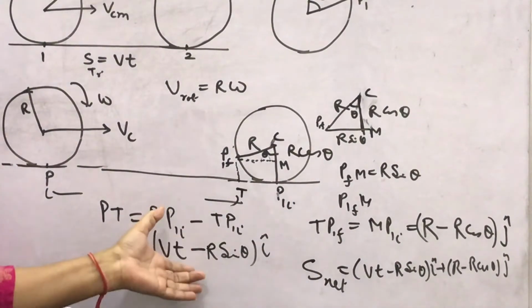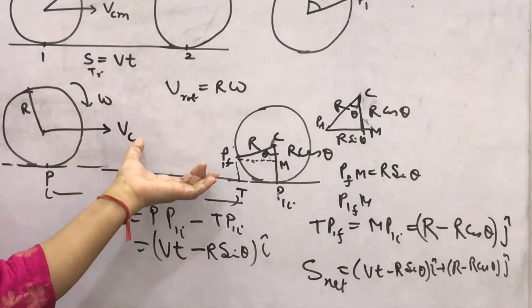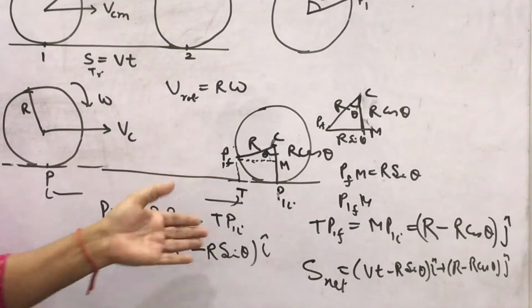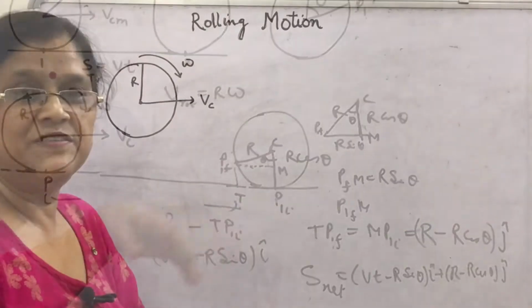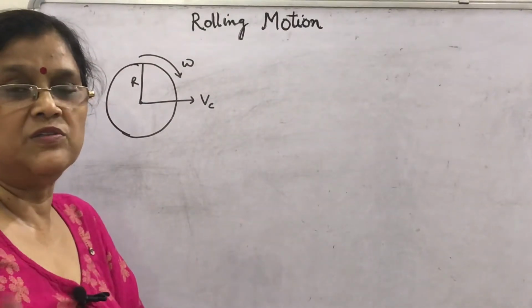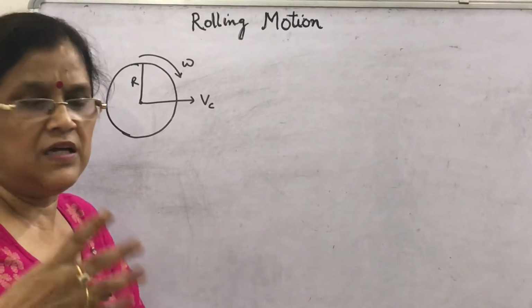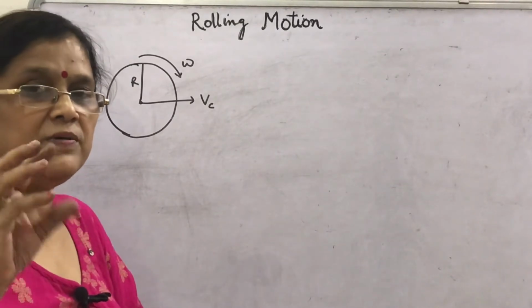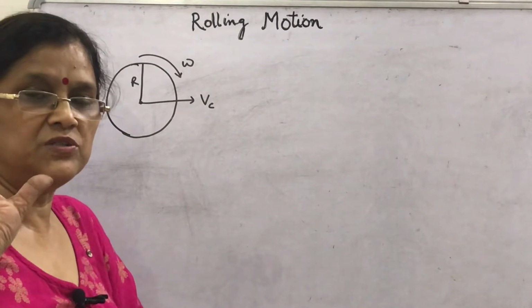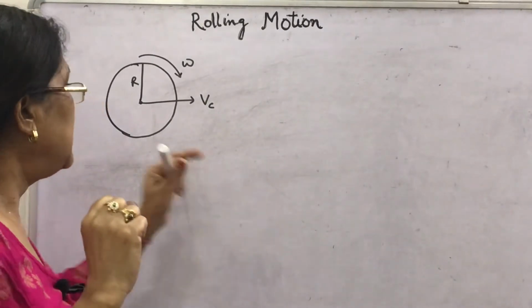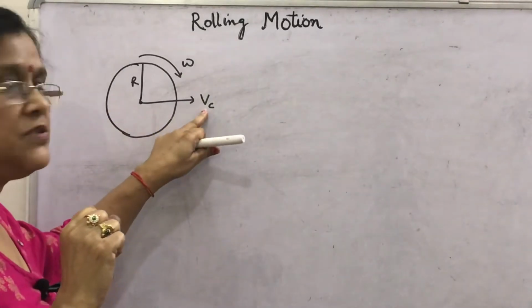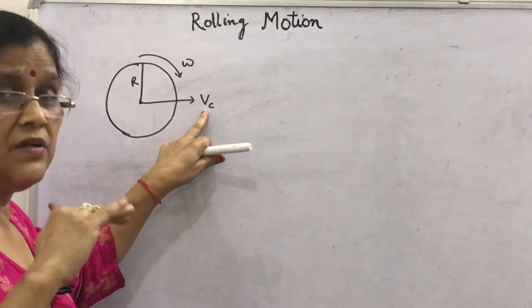Now, I hope how to calculate displacement in the rolling motion will be clear from this example. Now we will see how to calculate velocity in rolling motion. Again, rolling motion is a combination of translational and rotational motion. Translational motion is represented by the center of mass, and each particle will have the same velocity Vc in translational motion.